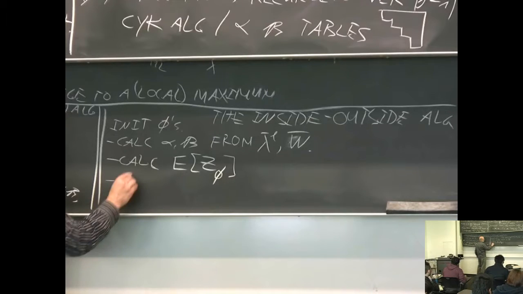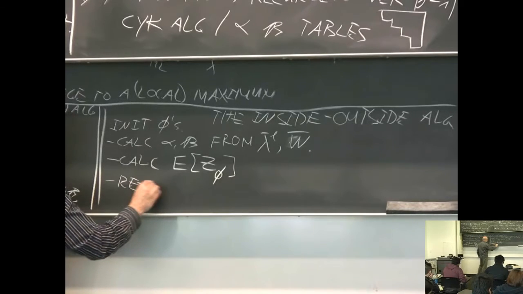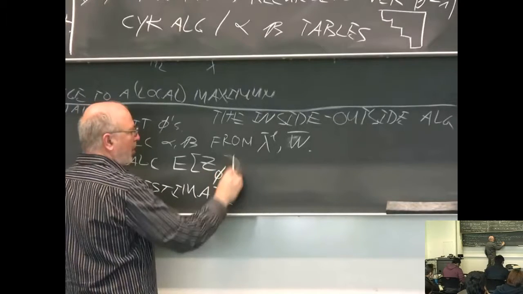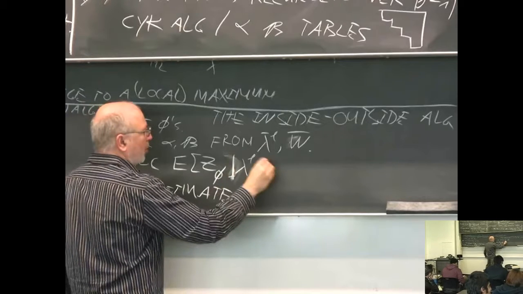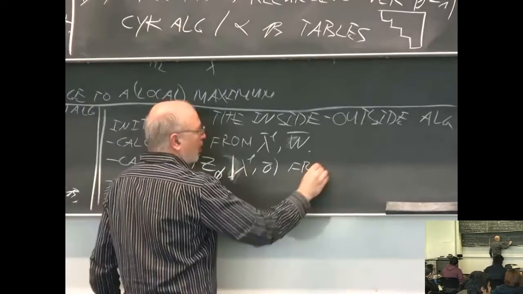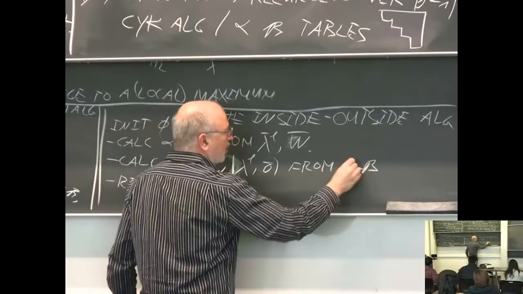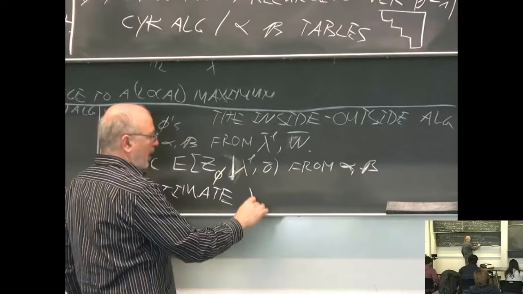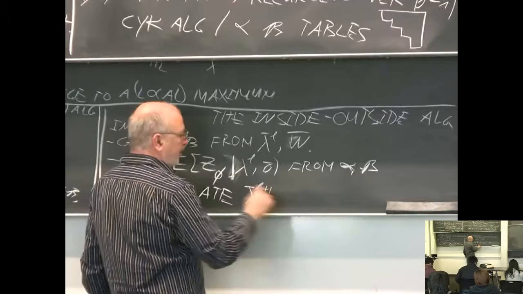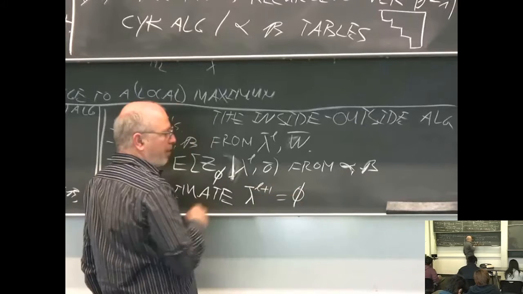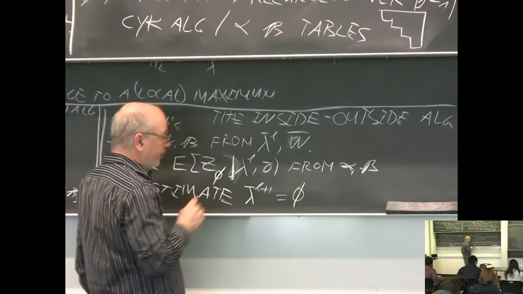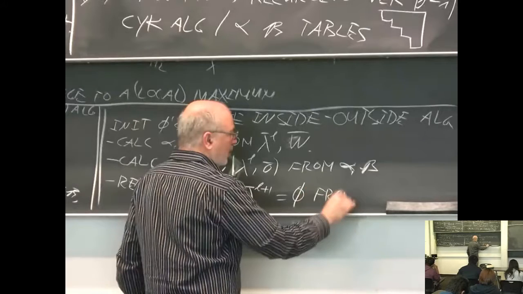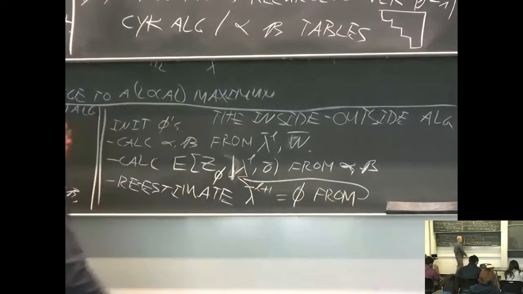And then I re-estimate, again, this is conditioned on the current model and the observations from the alphas and betas. And now I re-estimate the lambda L plus 1, which basically means all the phi probabilities from all these things.